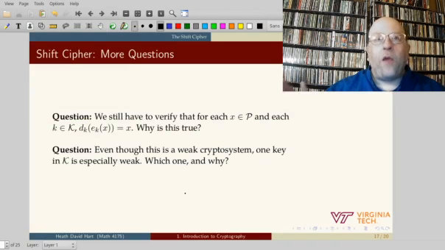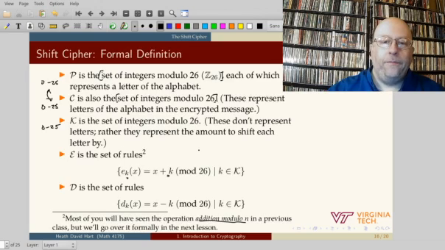This is a weak crypto system. It's easy to break by brute force because there are only 26 possible shift amounts. But one key in K is especially weak. Which one and why? Well, as we define this, and you may have been wondering this earlier, we define all three of these to be the range of integers from 0 to 25. What happens if K is 0?